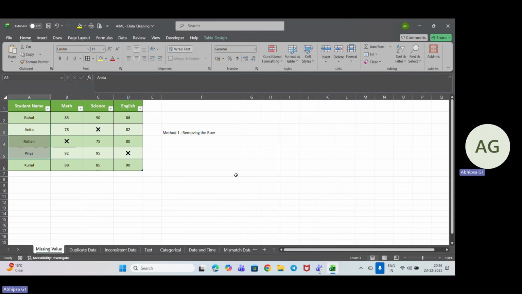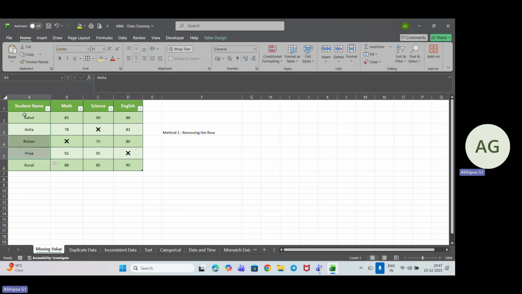But for this data set, this is not the right option, because our data set contains five records, and among these five records, we have three records where one data is missing. If we delete these three records, we will be left with only two records.